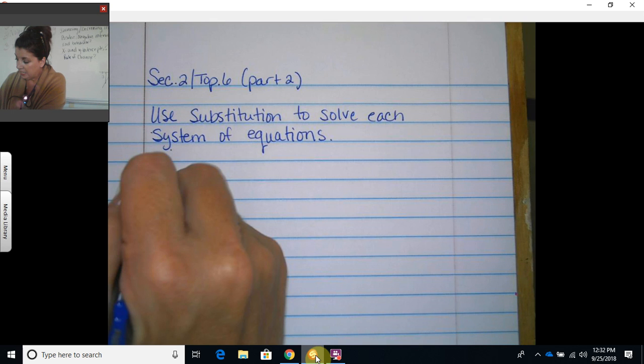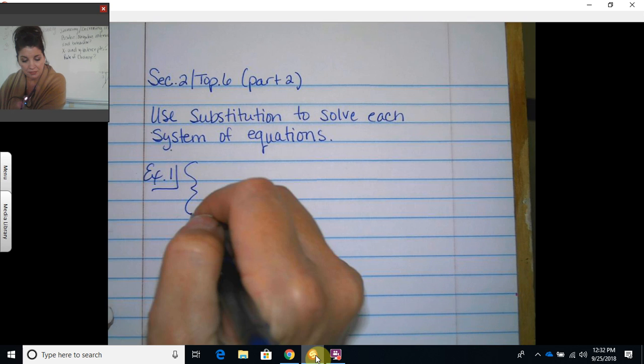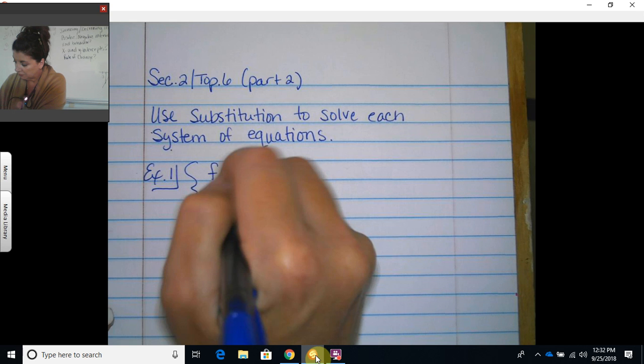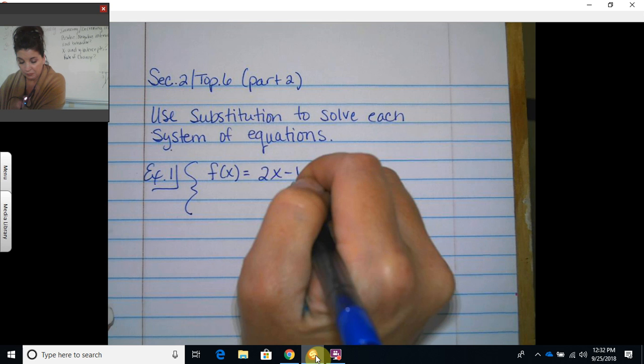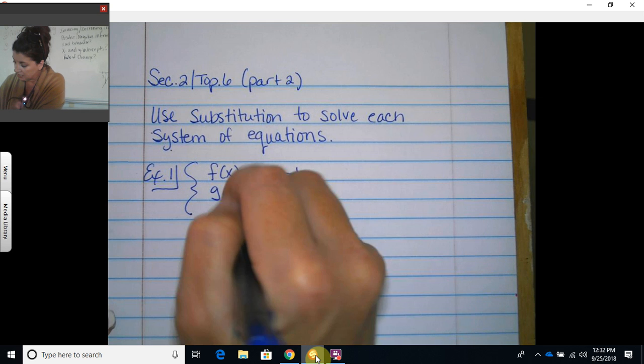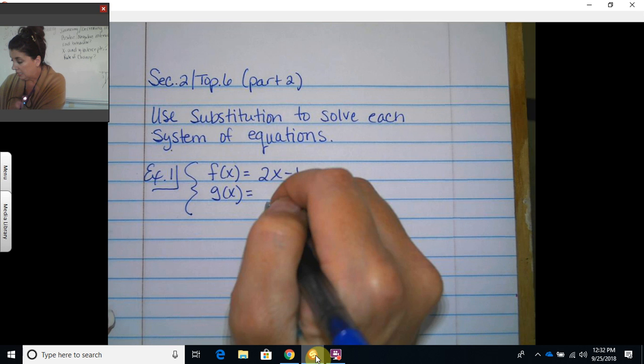And in example 1, I have f of x equals 2x minus 1 and g of x equals negative 2x plus 3.